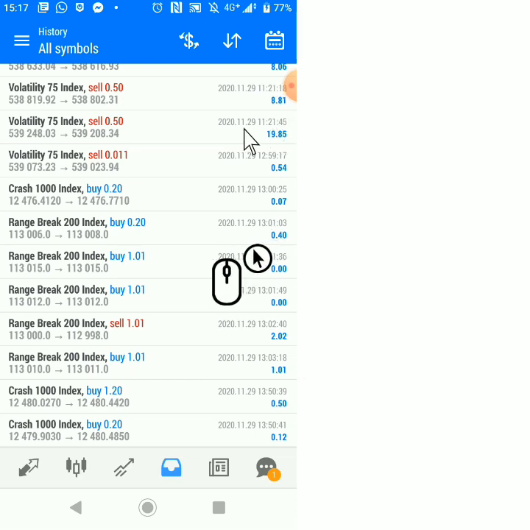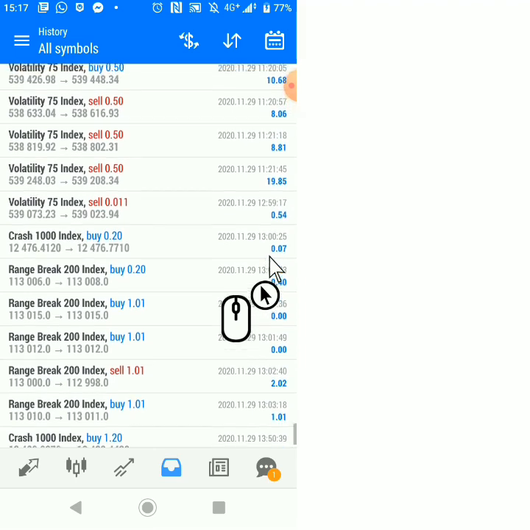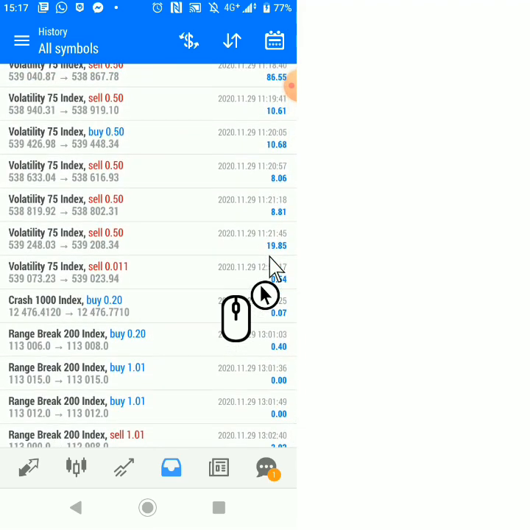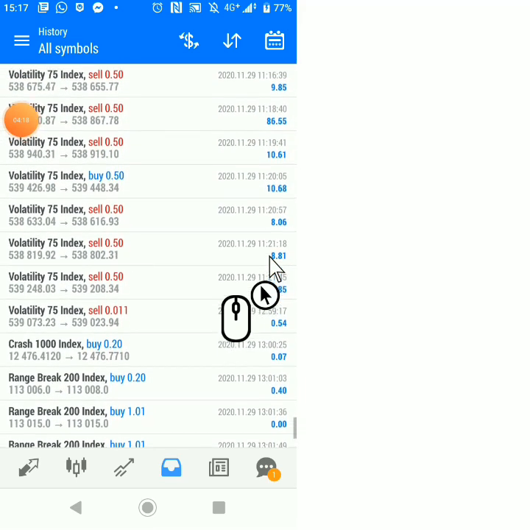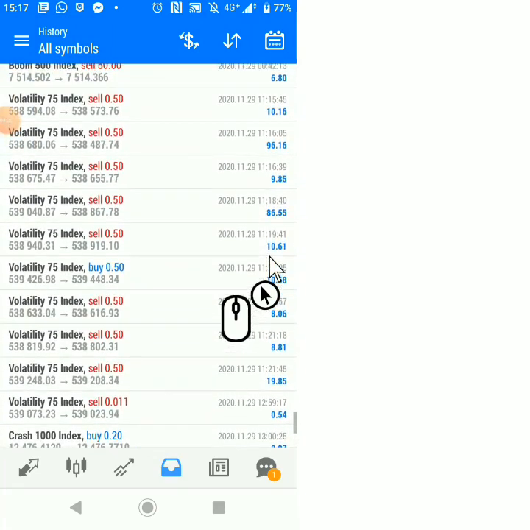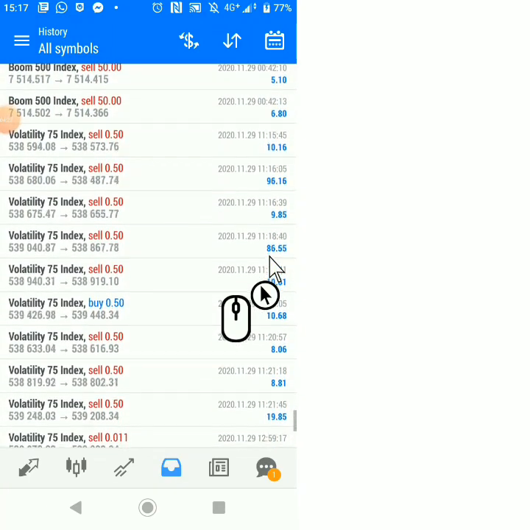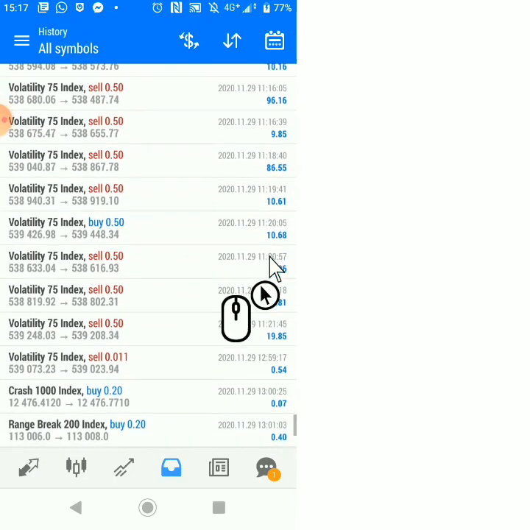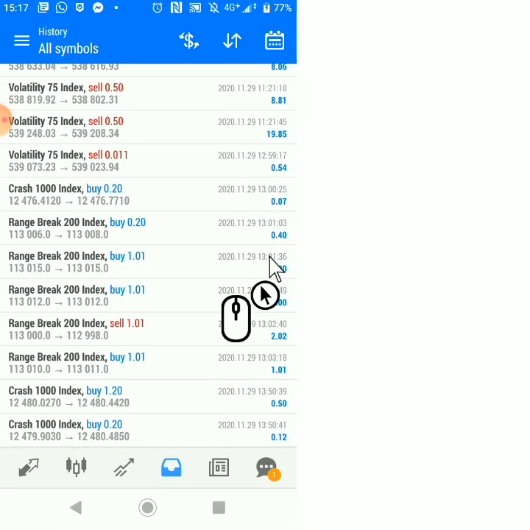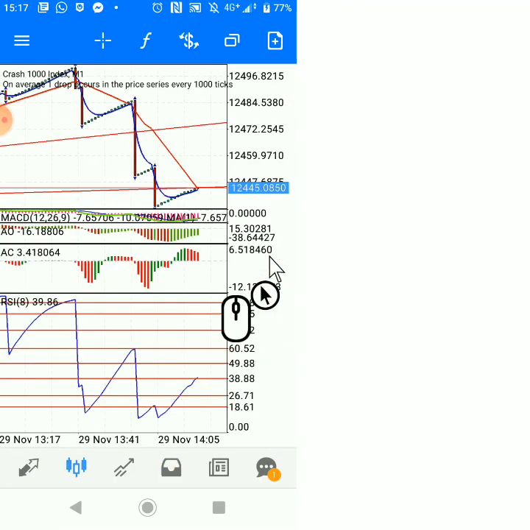As you can see, the date is the 29th, and all these have been the profits in the volatility market. This strategy works mainly for the range break and the volatility 75, 25, 10.